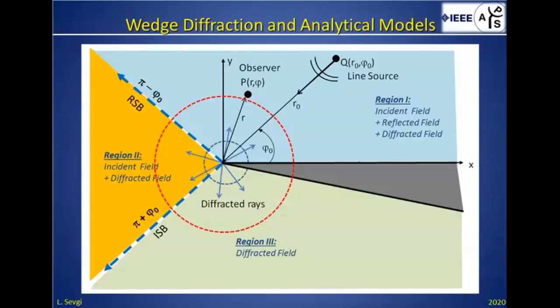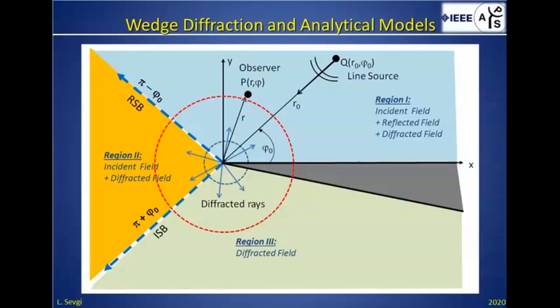If you put your receiver in region 1, you will record the incident field, reflected field, and diffracted field. So region 1 includes three wave contributions: incident, reflected, and diffracted fields. But in region 2, we don't have any reflections, so we have only the incident field and diffracted field.